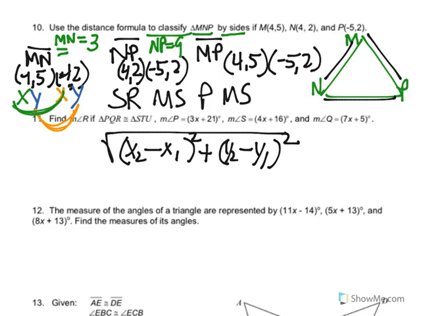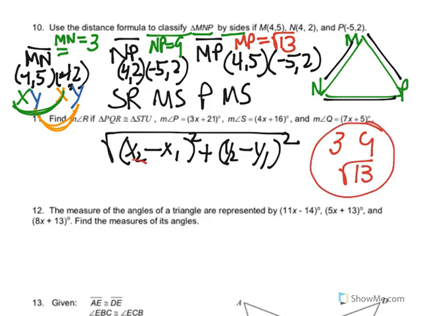And MP is equal to the square root of 13. So we're to classify this based on its sides. Well, if one side is 3, one is 9, and one is the square root of 13, all three sides are different, so that means it's a scalene triangle.